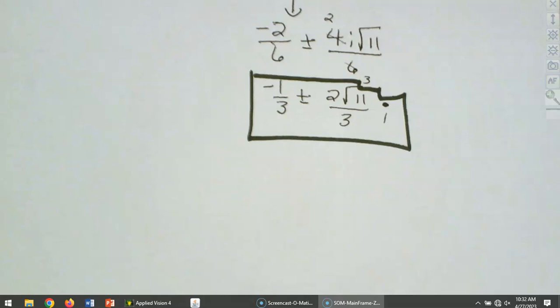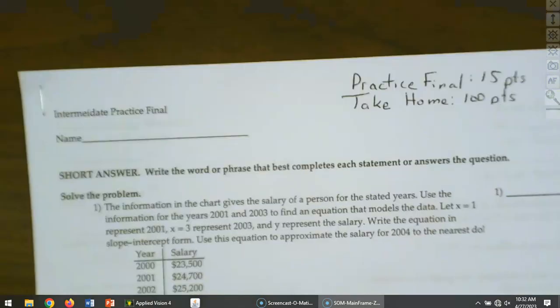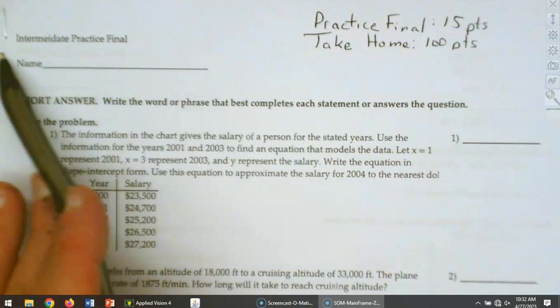Okay. So what we have is a practice final and a take-home final. And this is all due when we take our final exam. I've got a schedule over there as well, the final, which I'll pass out in a moment. But just so we know, this is our practice final.